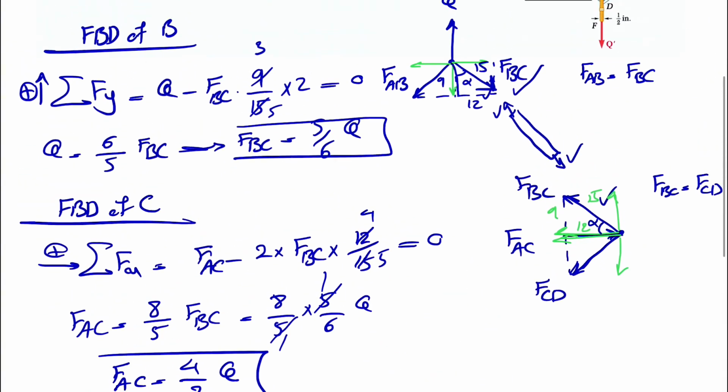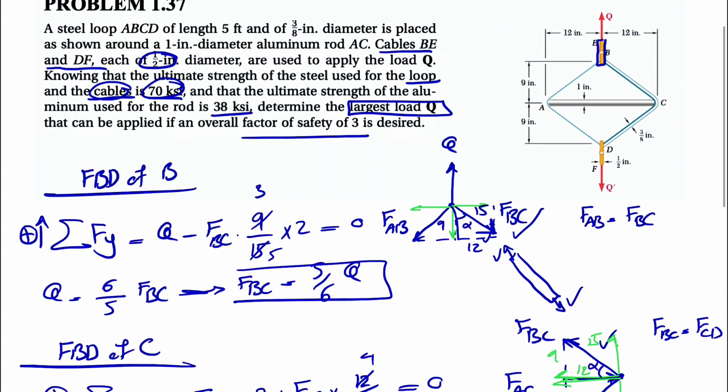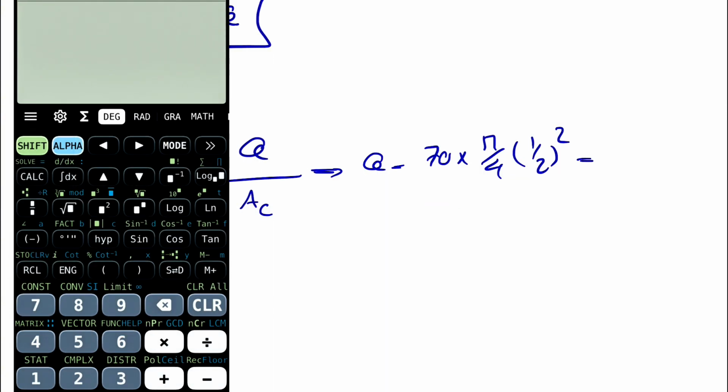We need to figure out the diameter of the cable, which is in the second and third line. We have 1/2 inches, so pi over, so that's going to be our Q. Let's figure this out. 70 times pi divided by 4 divided by another 4.